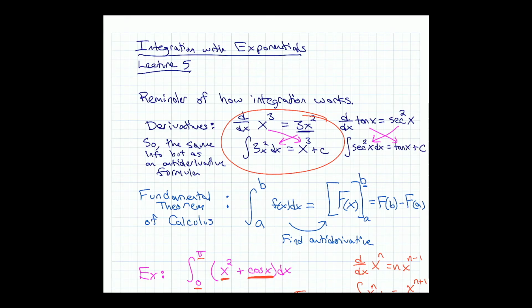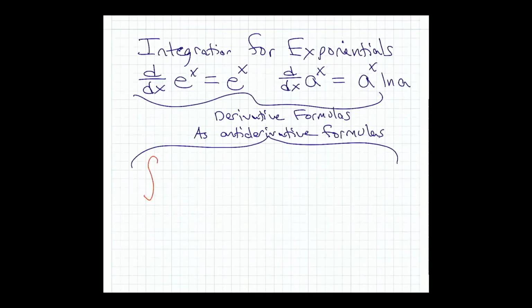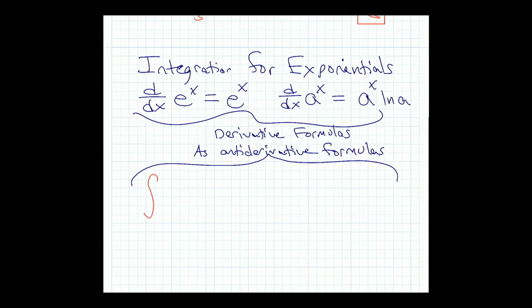Okay, so as an antiderivative formula, if this one comes left and this one goes right, then you're going to have the antiderivative of e to the x dx is, what is it? It's just e to the x plus c.